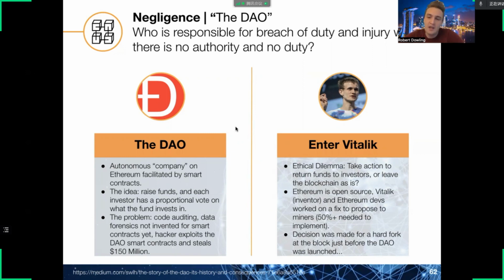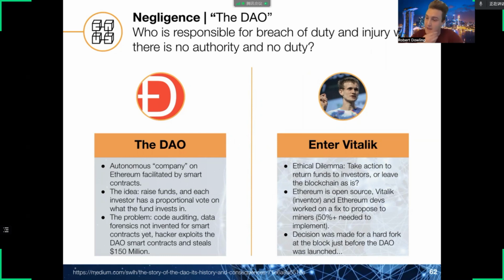But talking about the actual situation, one of the earliest projects was called the DAO. This is one of the earliest projects on Ethereum. And what we have is more or less an autonomous company that is operated by smart contracts.